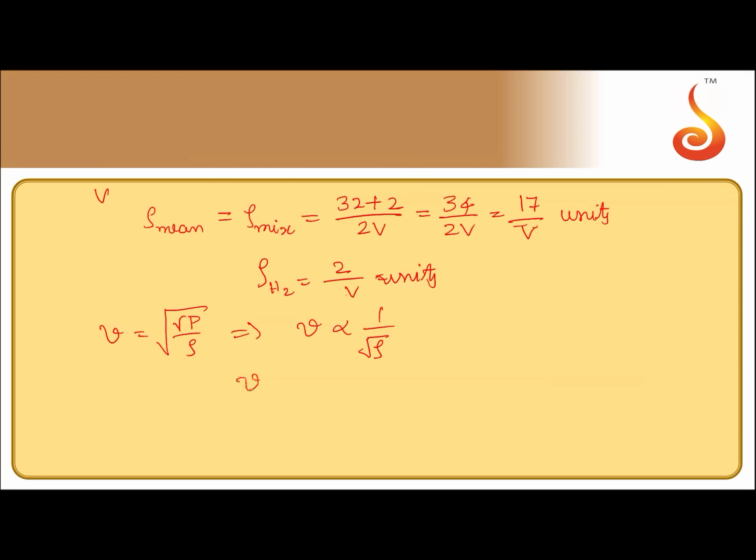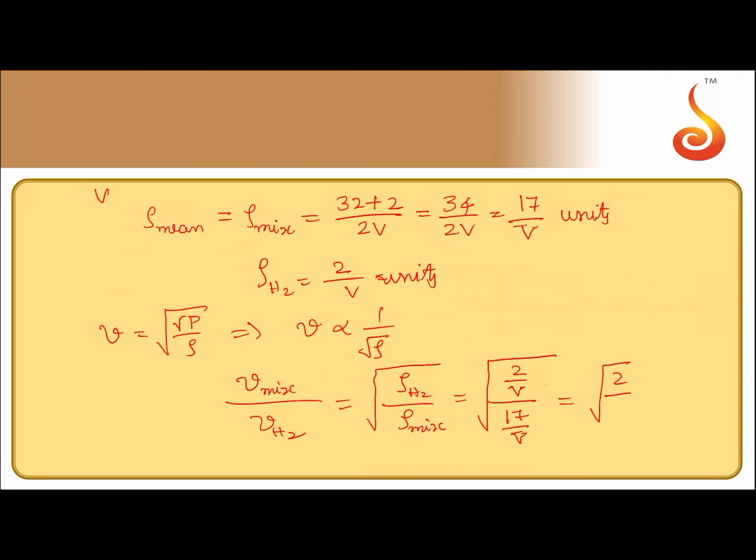So velocity of sound in the mixture divided by velocity in hydrogen should be equal to square root of rho of hydrogen divided by rho of the mixture. That is square root of 2 by V divided by 17 by V, which is root of 2 by 17. Is this option there? Yes, that is option B.